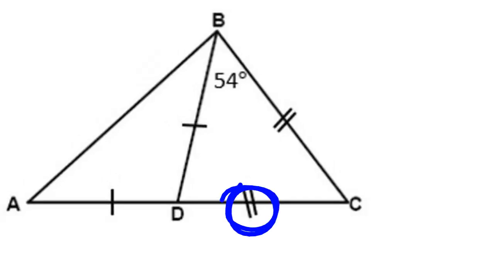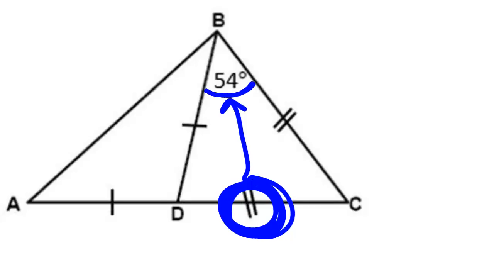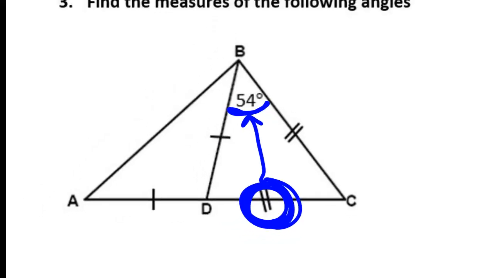So here's one of my congruent sides. Here's the angle that it is across from. So where's the other angle that would be 54 degrees? BC is my other side that is congruent, yes.